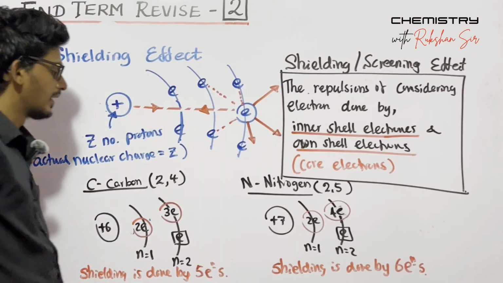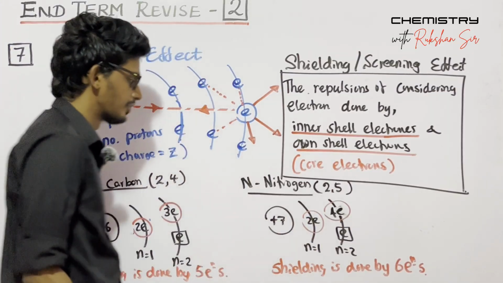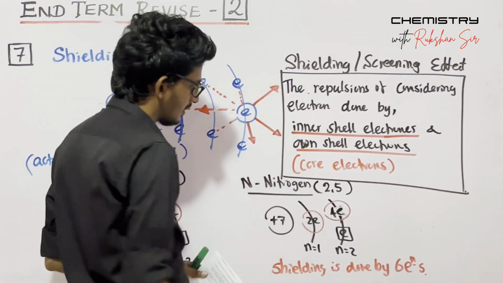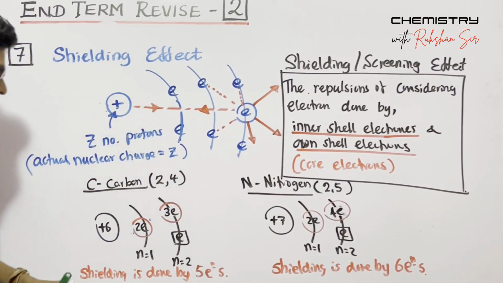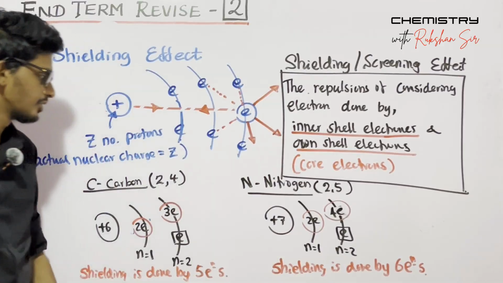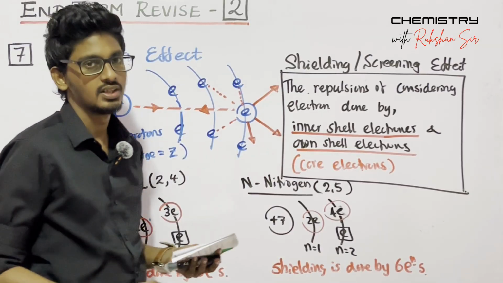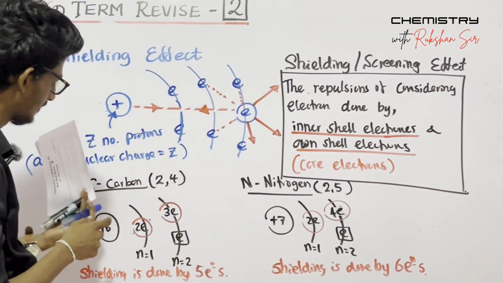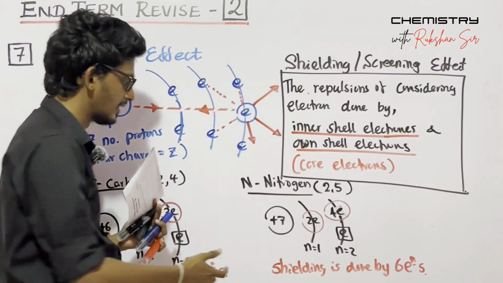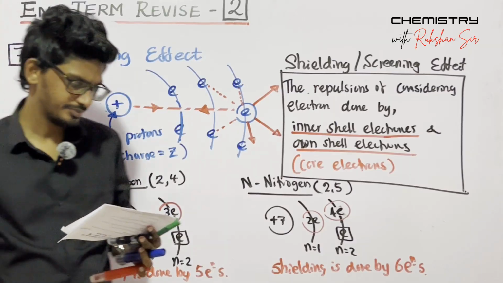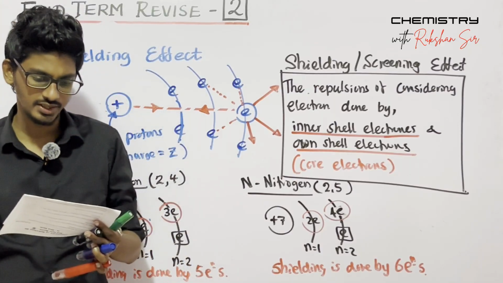Shielding is done by inner as well as on-shell electrons. So you can say the shielding effect of nitrogen is greater than that of carbon. Shielding in nitrogen is done by 6 electrons, but here only 5 electrons, so the shielding effect of nitrogen is greater than that of carbon. So the statement says shielding of carbon is higher than that of nitrogen.